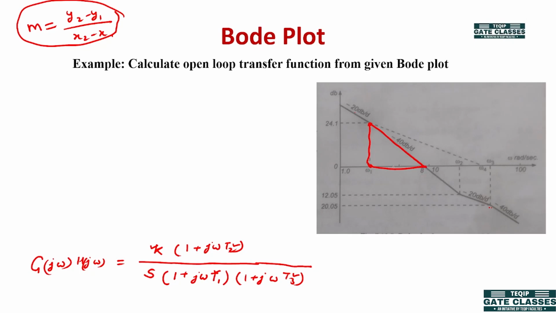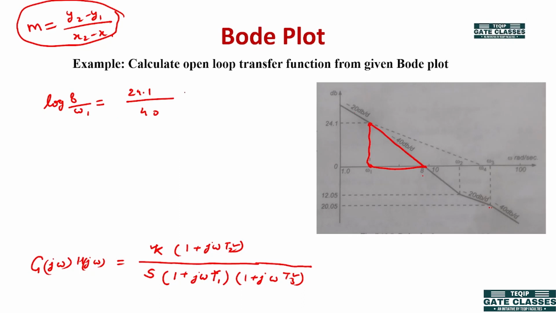So x2 is log 8, x1 is omega 1, as we are considering this. Log 8 upon omega 1 is equal to 24.1 minus 0 upon 40, as the slope is 40 dB per decade. So this is 24.1 minus 0, that is 24.1. The slope m is 40. Here x2 minus x1, x2 is log 8 and x1 is log omega 1, so we can write log 8 by omega 1.